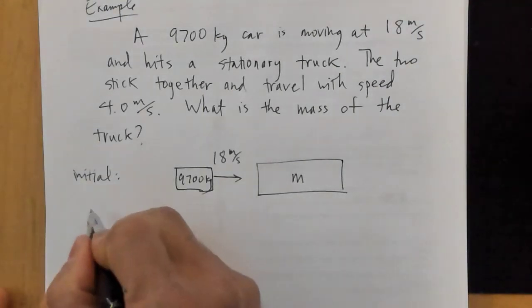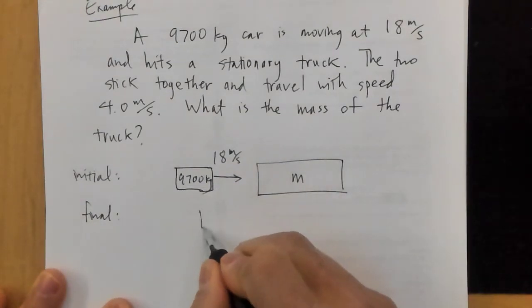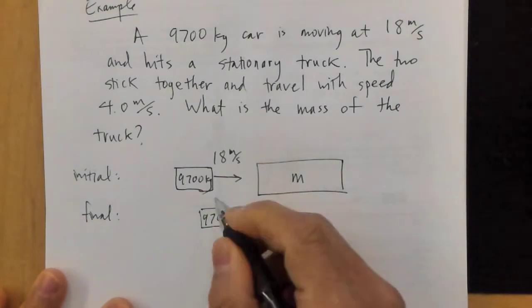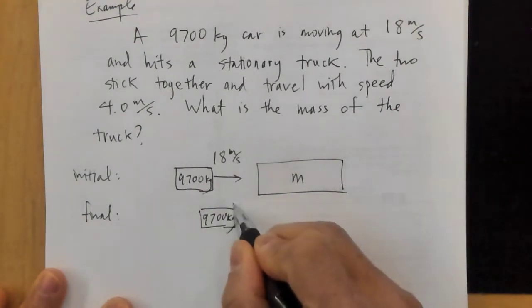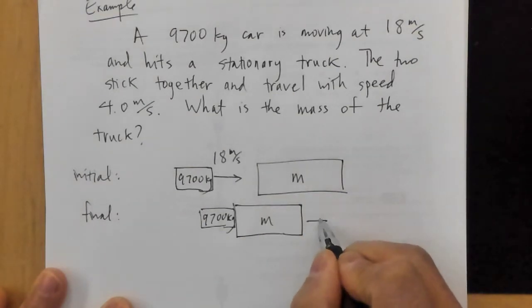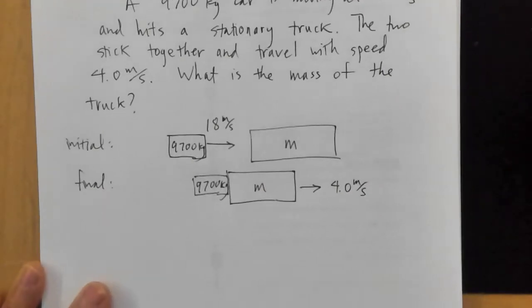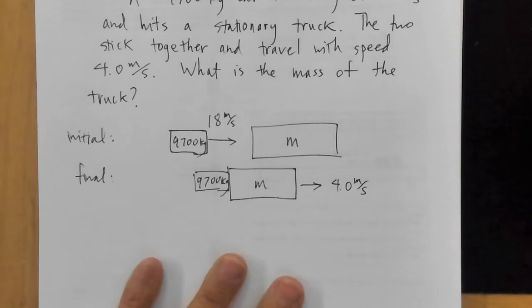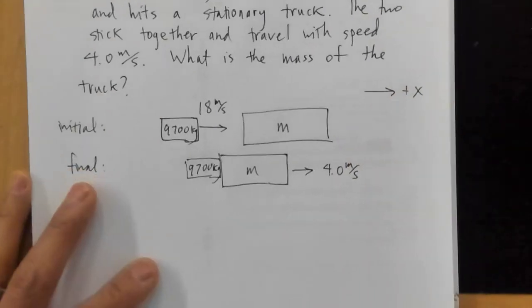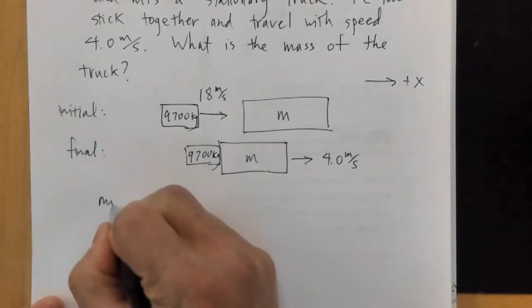And then in the final case, I have these things stuck together, 9,700 kilograms plus the truck, and it's moving at 4 meters per second. Okay, so let's say this is the positive x direction. We're going to look at the momentum in the x direction.